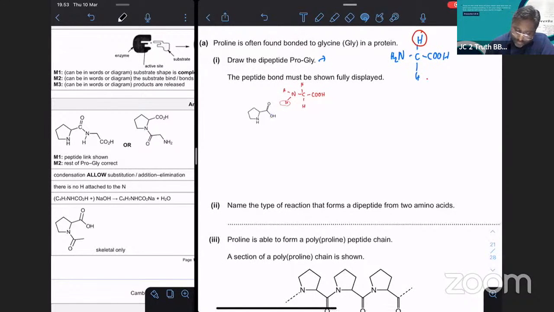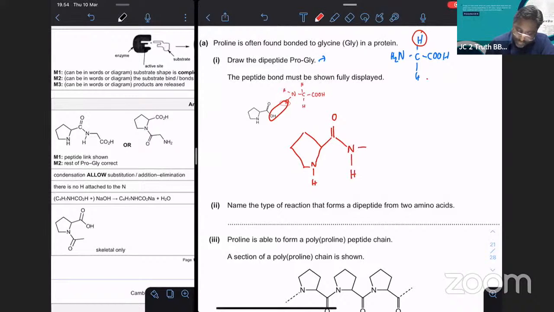So if I draw, it's going to be like this: N, H, then this is going to be a double bond O, bonded to nitrogen, and then there is hydrogen. So I'll show the hydrogen here.